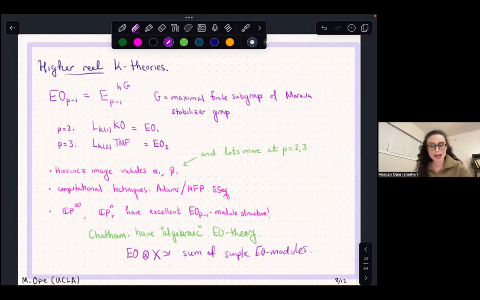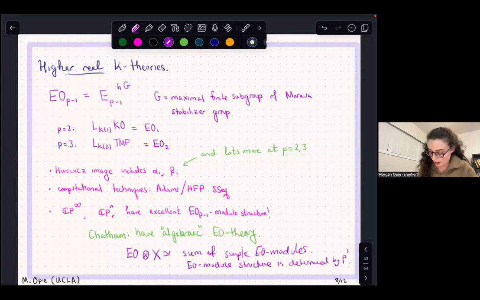And the assumption that you have a splitting like this essentially tells you that the EO module structure is determined by the module structure over P^1, the module structure of mod p cohomology, just as a module over the submodule of the Steenrod algebra generated by P^1.